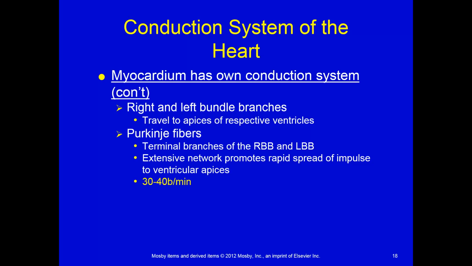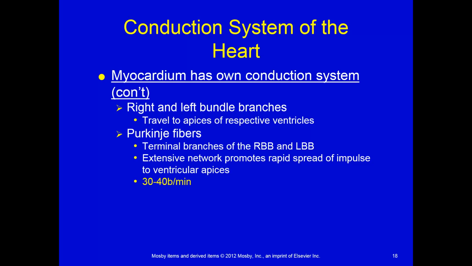So all these little bitty fibers that branch off and feed the rest of the ventricle. So Purkinje fibers are the terminal branches of the right bundle branch and the left bundle branch. That's what RBB and LBB is. They are an extensive network that promotes that rapid spread of impulse down here into the ventricles.